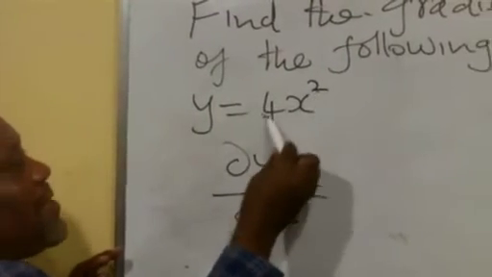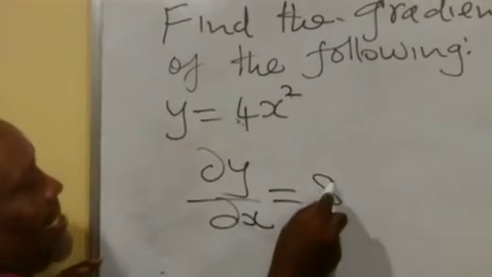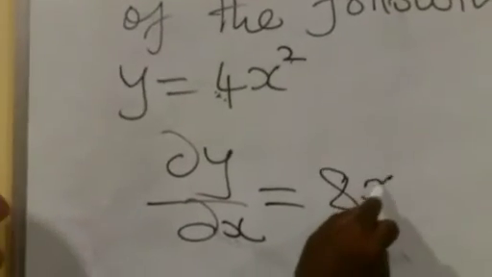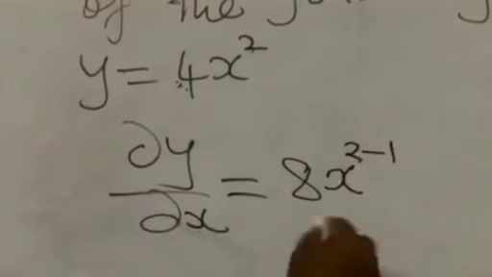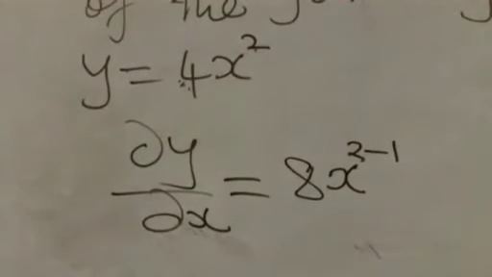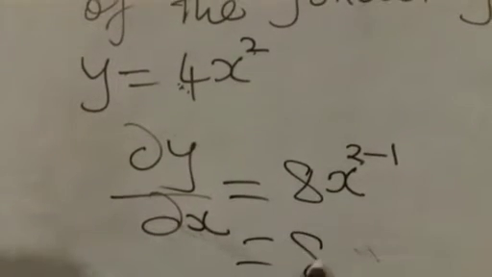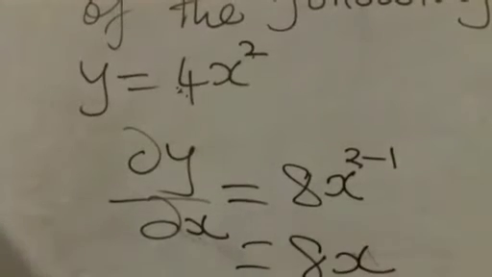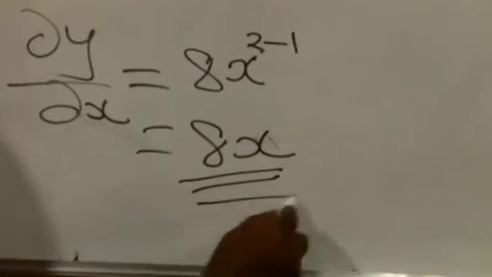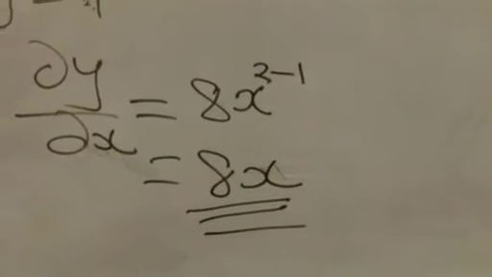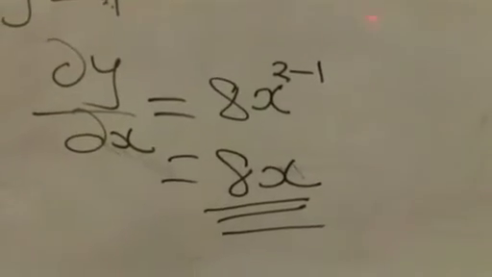So it is 2 times 4, which is 8, x, and we subtract 1 from that superscript. So it's going to be 8x as the gradient function which we are supposed to calculate.